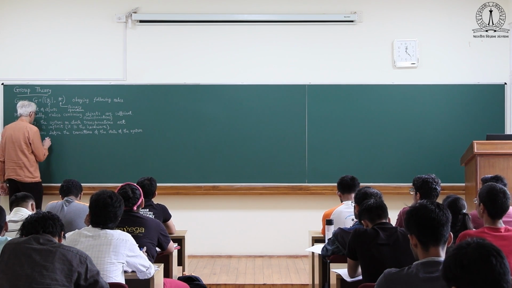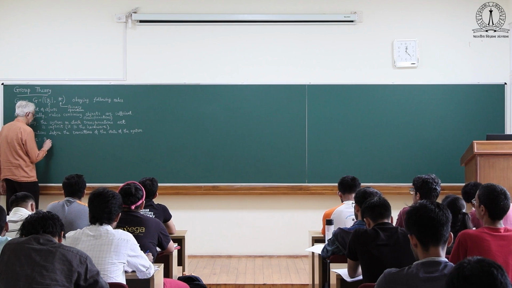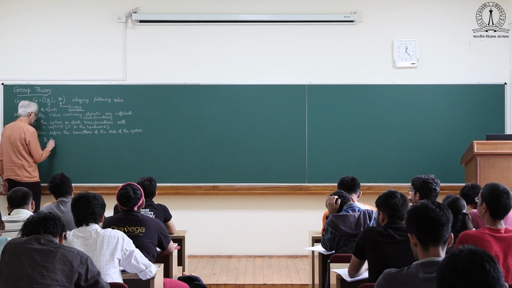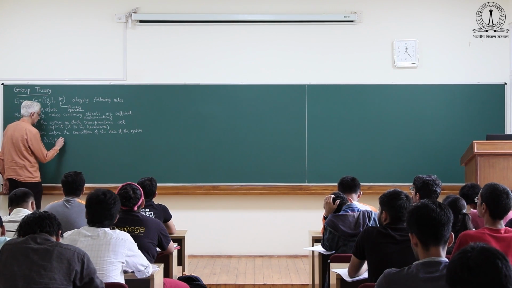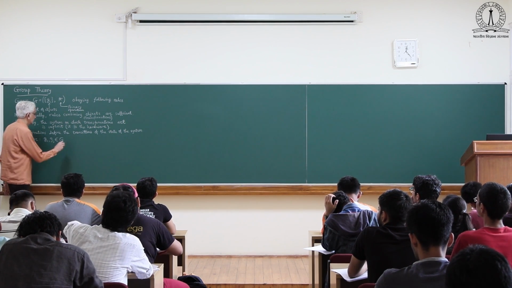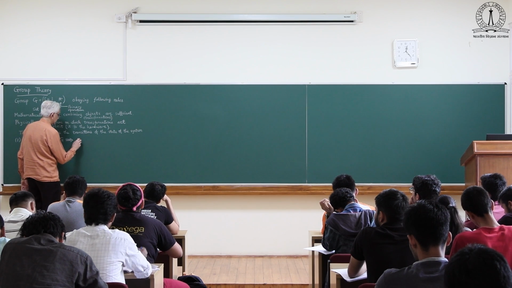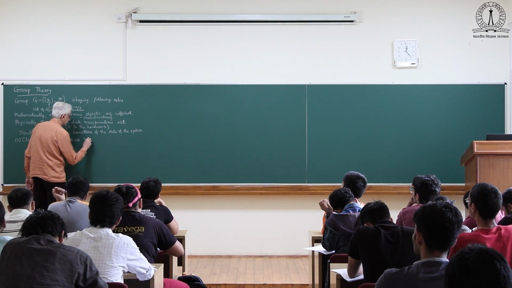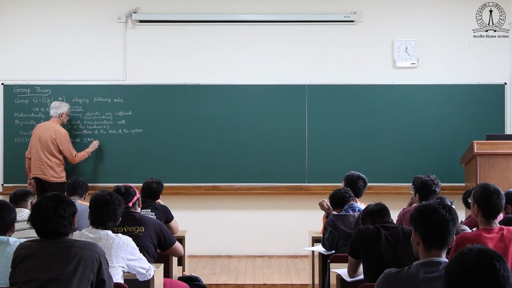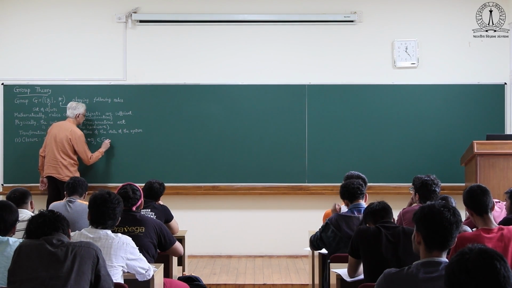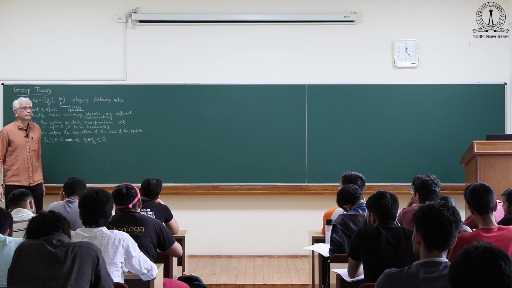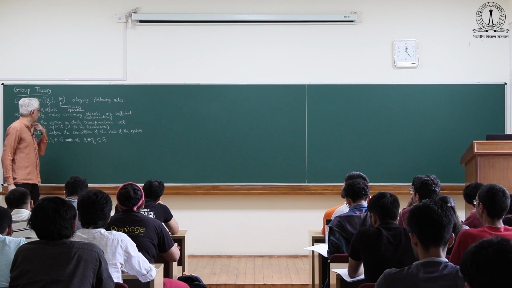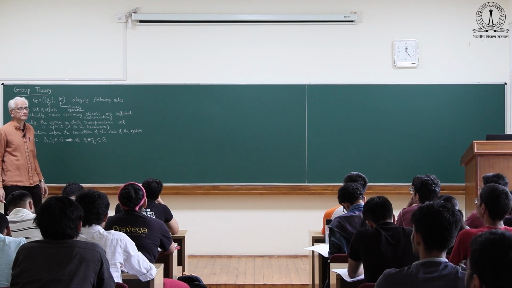So if Gi and Gj are in G, then Gi star Gj, whichever way you combine them, also belongs to the same group.